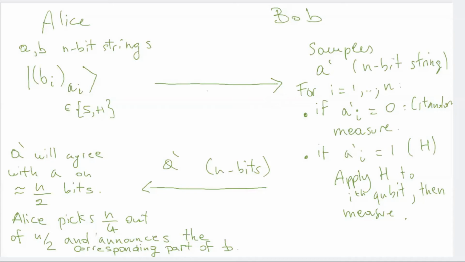And out of those qubits, they will compare their outcomes on part of them, say half. On these measurements, they expect to have gotten the same outcomes.